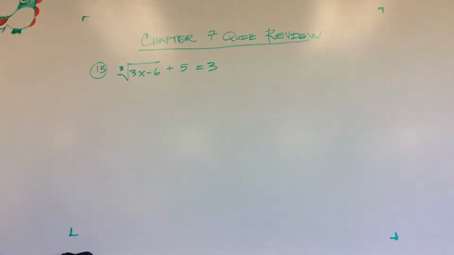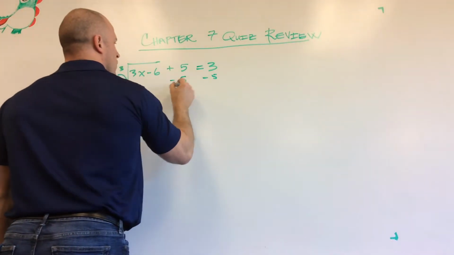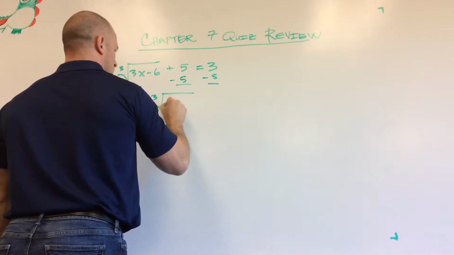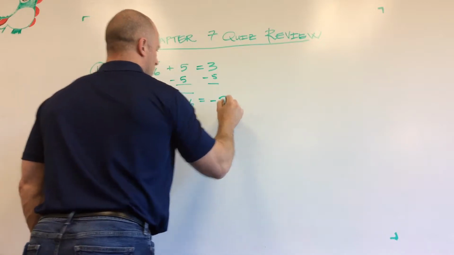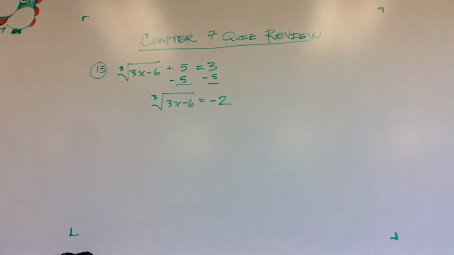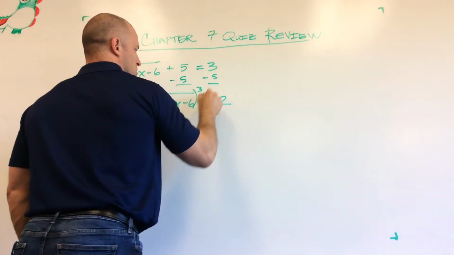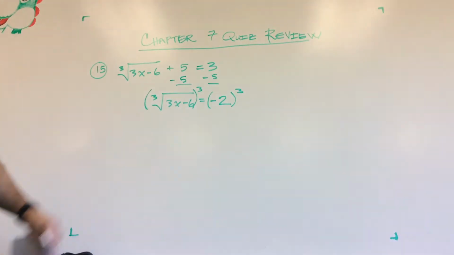We'll just be cubing both sides rather than squaring both sides. So again, the first thing we will do is get the radical by itself. We get a -2 there. Now we're going to cube both sides to eliminate the radical rather than squaring both sides because we need a cubed power to get rid of a third root.